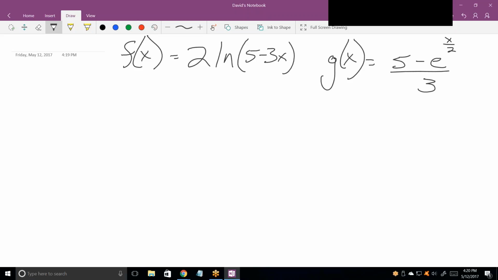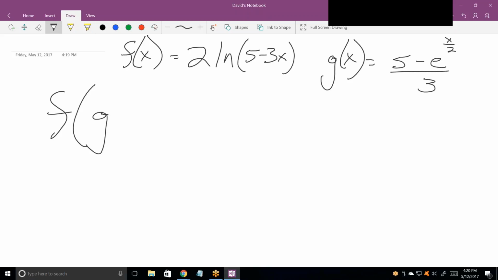Here's what determines whether this is the inverse of that. There are two ways we could do it. First of all, we could solve for the inverse, but that's not really what you want to do. There is a definition for two functions being inverses of one another.